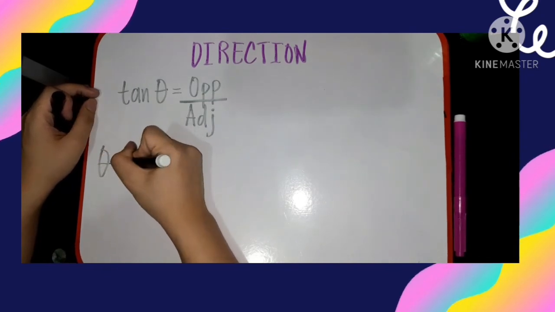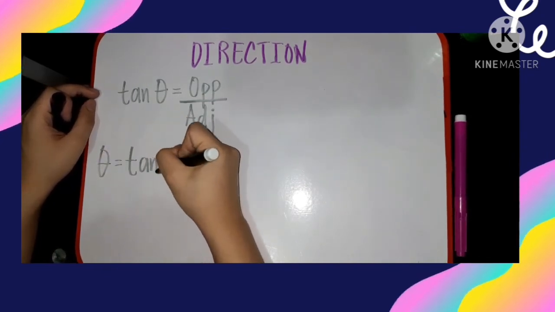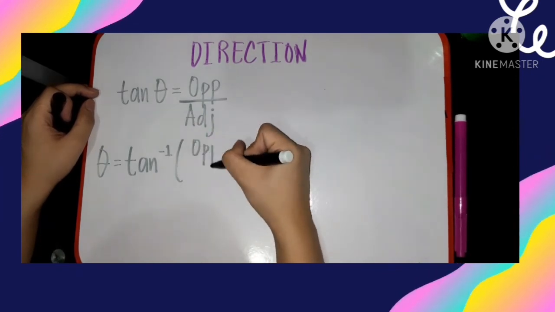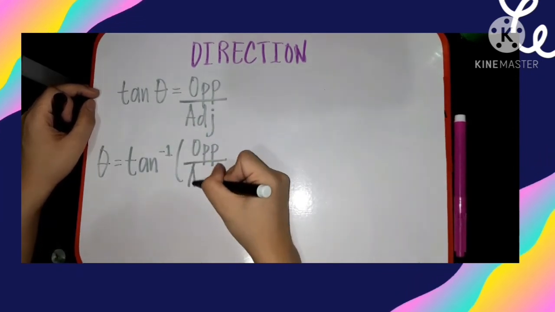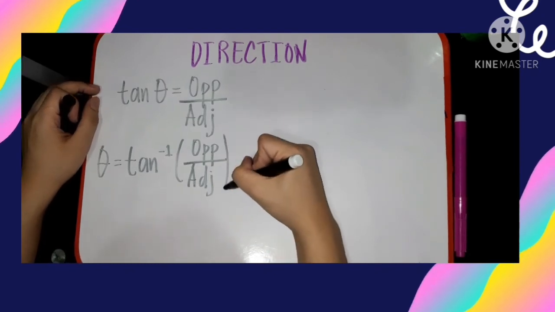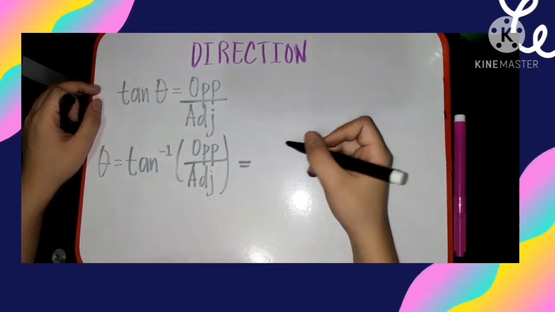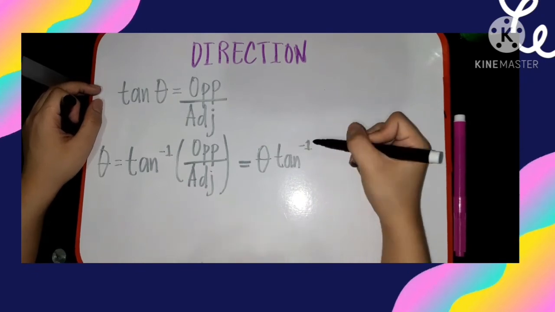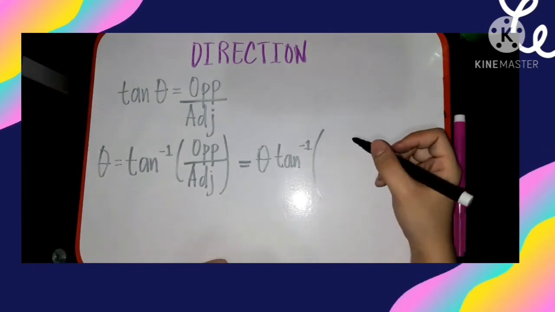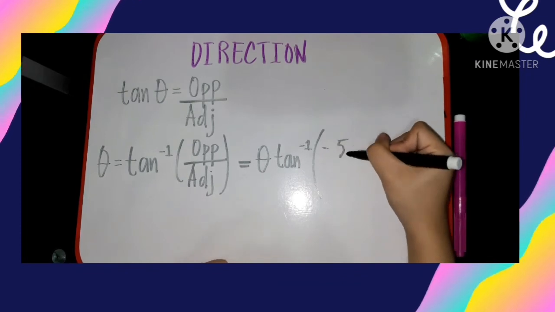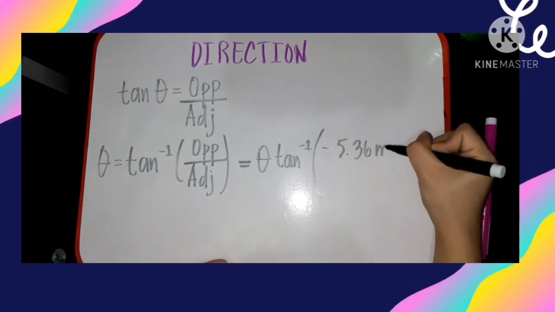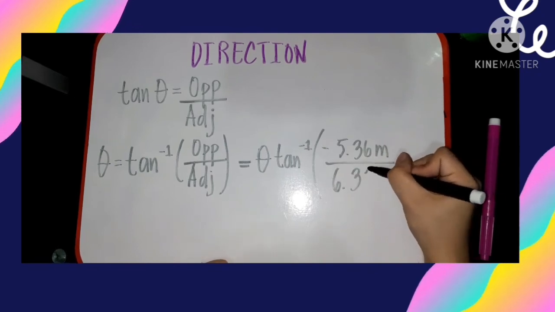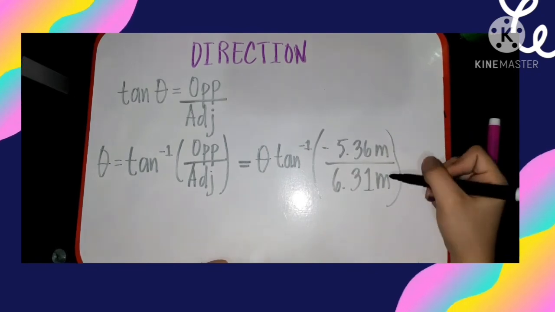We derive that theta, so we have theta is equal to tangent inverse of opposite over adjacent sides, so theta is tangent inverse of negative 5.36 meters over 6.31 meters.